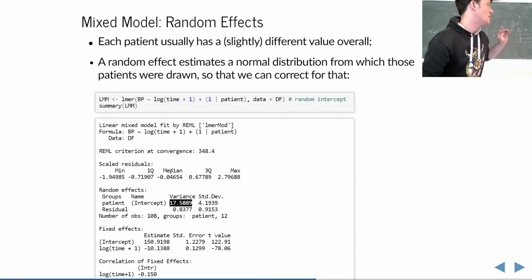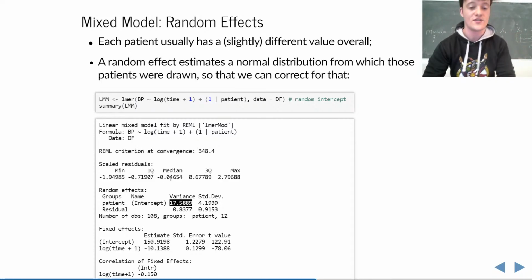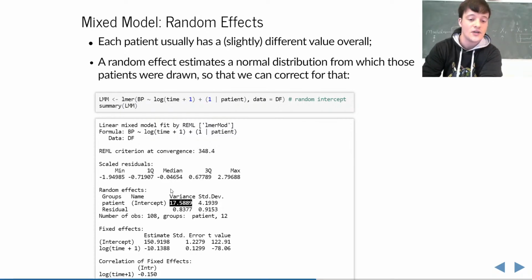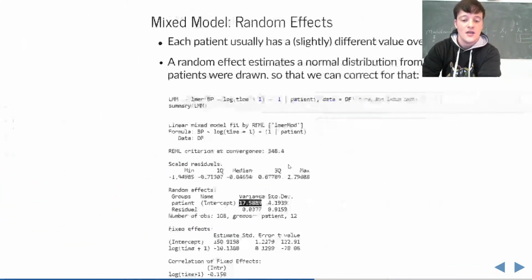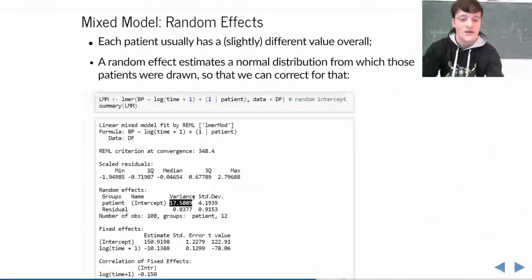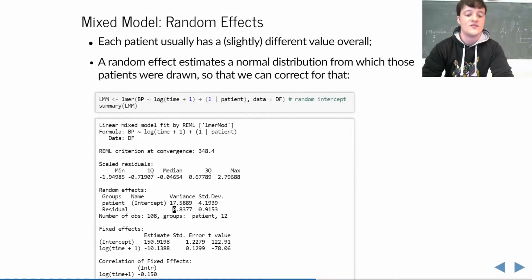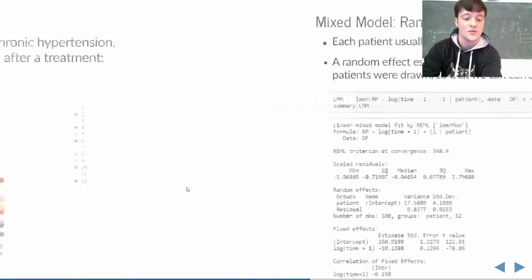Now, you can very easily see what is going on in this model if we look at this again. Over here, we have the residual variance. It's very small, right? It's 0.8. And we have the patient variance, which is 17. It's much larger. Okay, how can you interpret that?